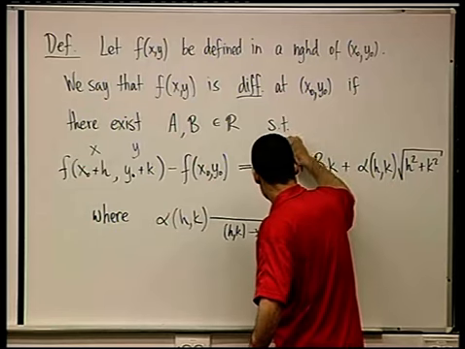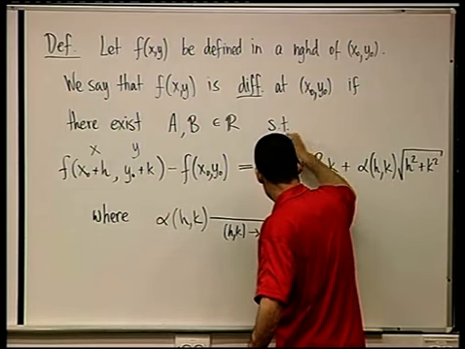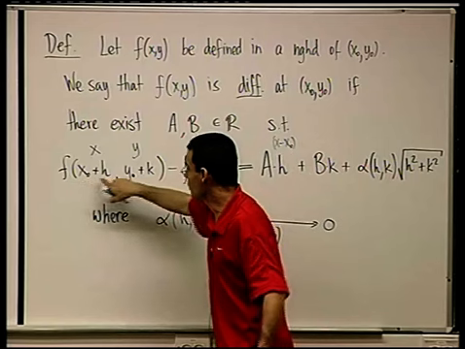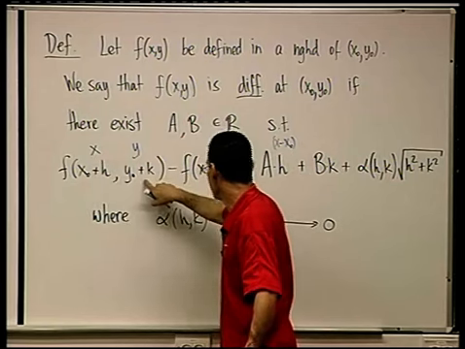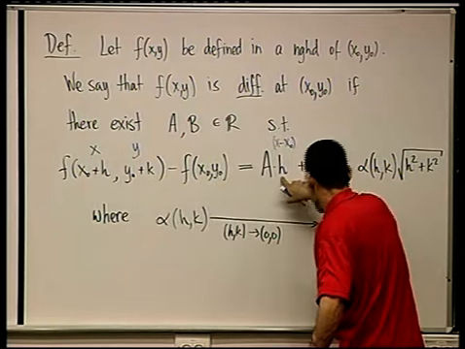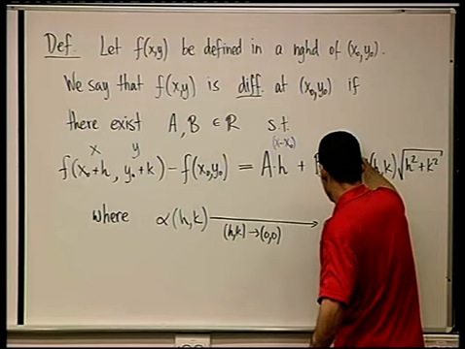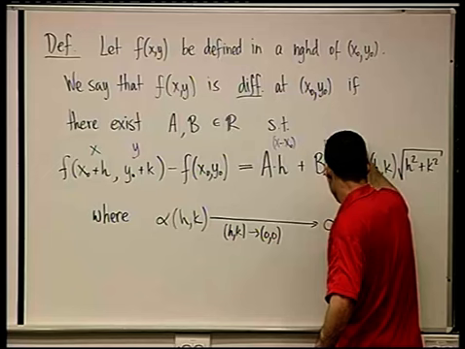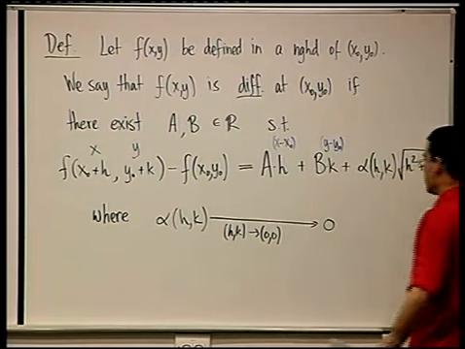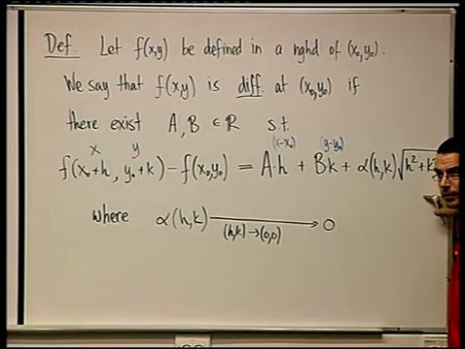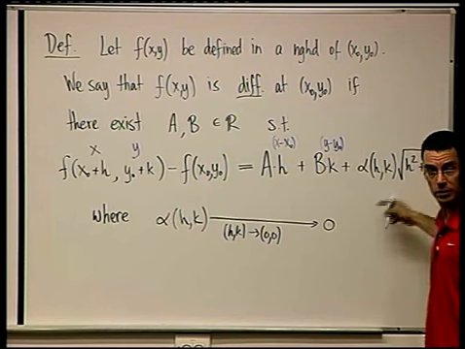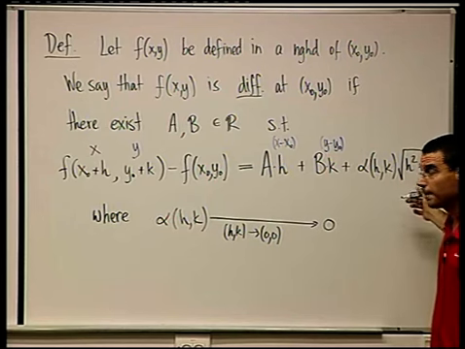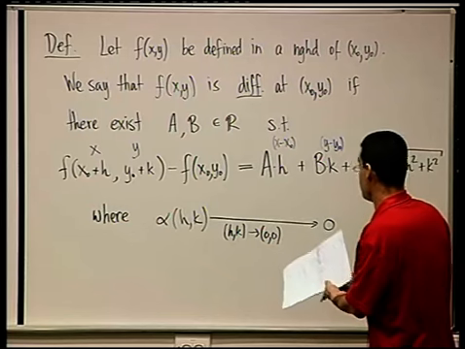Exactly. So instead of x0 plus h, you'll see x and y, and instead of h, x minus x0, and instead of k, exactly, y minus y0, and likewise throughout. Is that clear? It's the same idea. And so that's one equivalent definition.